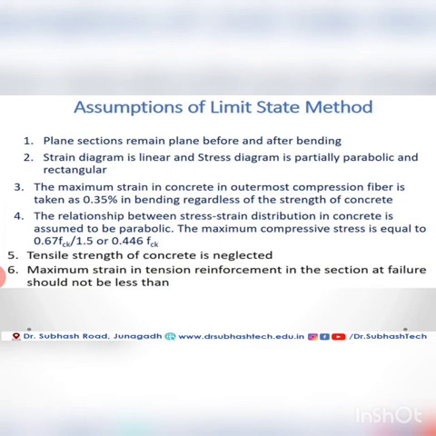Next, the maximum strain in concrete in the outermost compression fiber is taken as 0.0035 in bending regardless of strength of concrete. The relation between stress and strain distribution in concrete is assumed to be parabolic. Tensile strength of concrete is neglected. Maximum strain in tension reinforcement at the section of failure should not be less than the specified value.